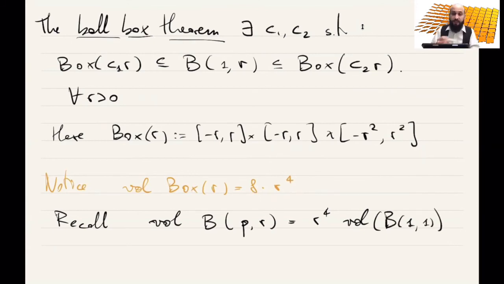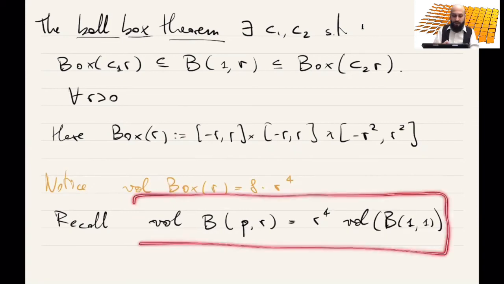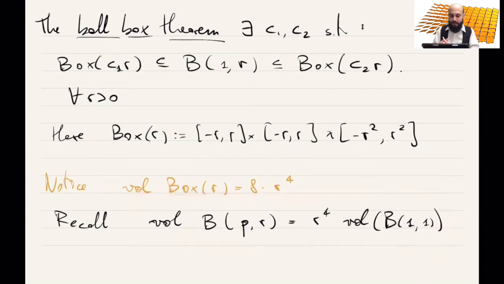And this was because the left translations were preserving the Euclidean volume, the Lebesgue three-dimensional measure. Next we'll see why this property implies that the Hausdorff dimension of the space is not equal to 3, like the Euclidean space, but it's equal to 4.